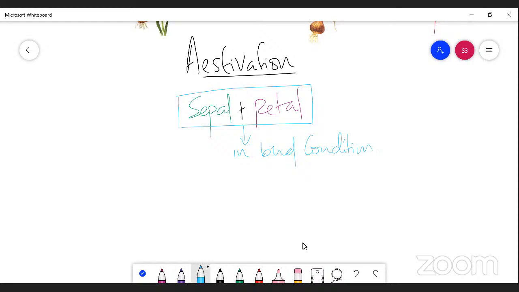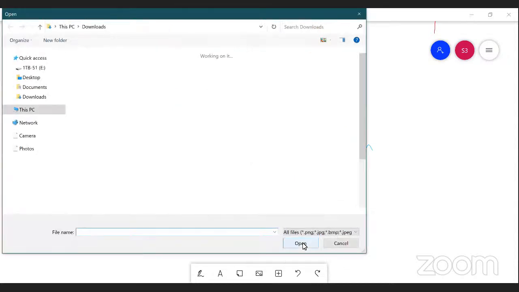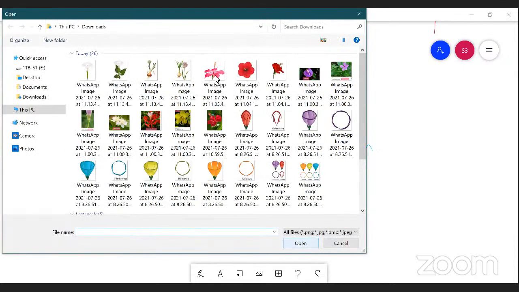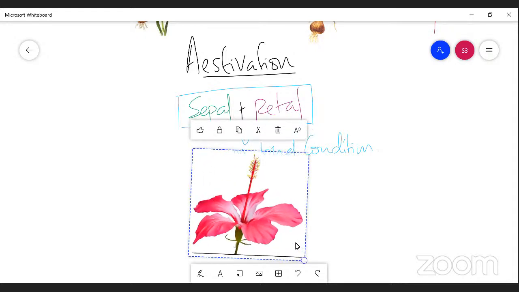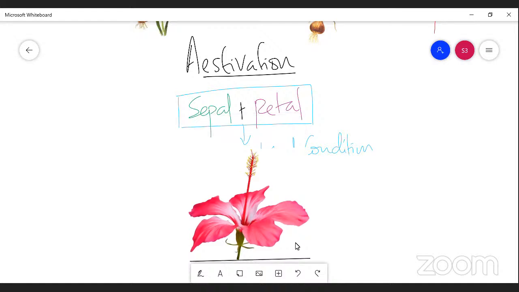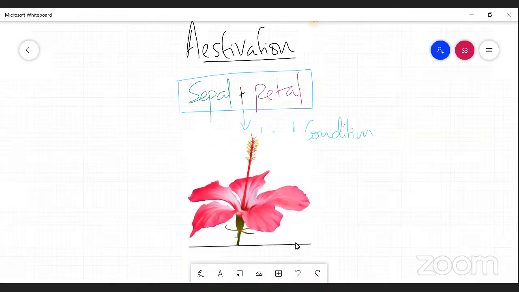Again, I would like to show you the floral parts, right? Just imagine, once again, I would like to review. If you take a flower, you see the calyx is the outermost layer, and the attractive part of the flower is the petal. Here you see the sepals and the petals in the bud condition of a flower.